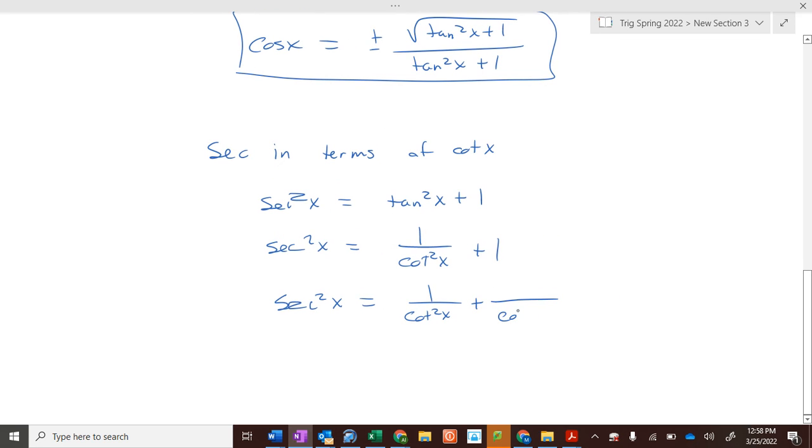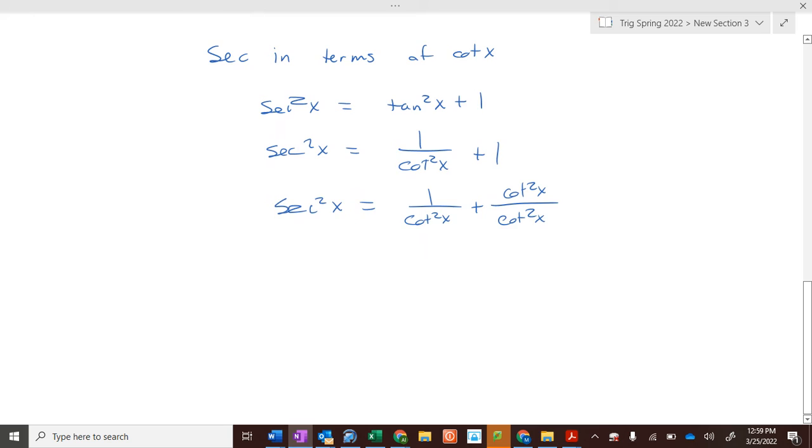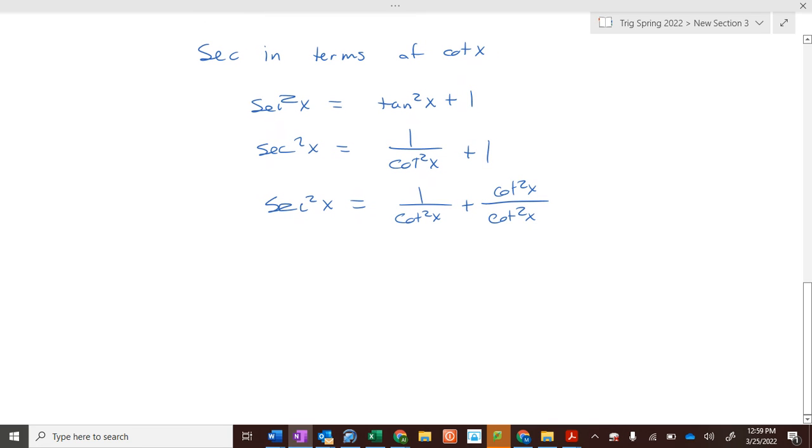Cotangent squared of x. So I change my 1 into cotangent squared of x over cotangent squared of x. Oh, isn't that so easy once I throw it up there? Okay, so I got a common denominator. So secant squared of x equals 1 plus cotangent squared of x over cotangent squared of x.